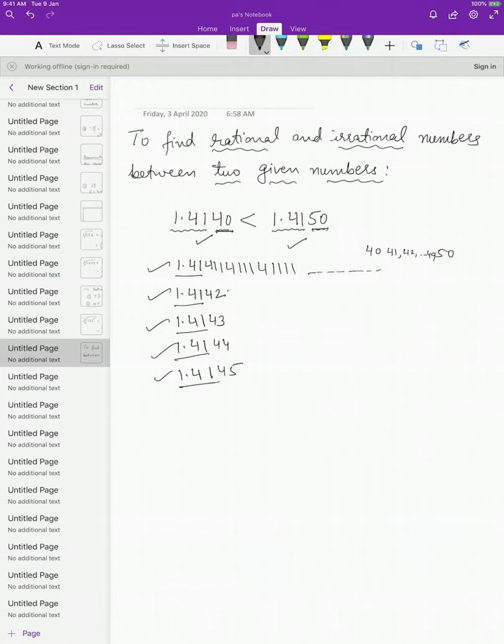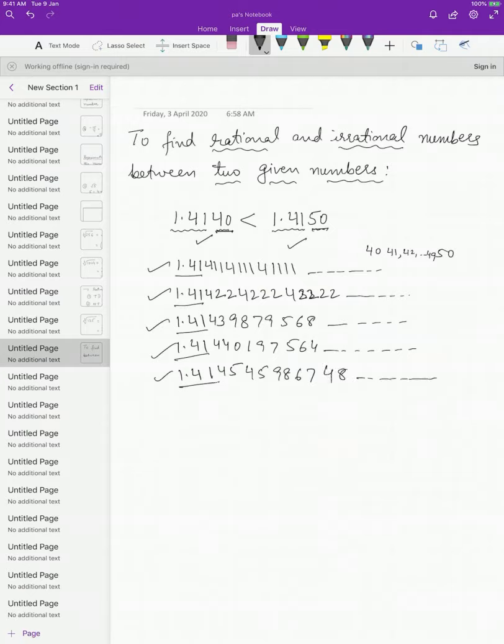Here it is 4, 2, 2, 4, 2, 2, 4, 4 times 2 and so on. This way, or if you want, you can write any digits: 7, 9, 5, 6, 8, anything. 0, 1, 9, 7, 5, 6, 4 and dot dot. Don't forget to put dots after this. And so on.